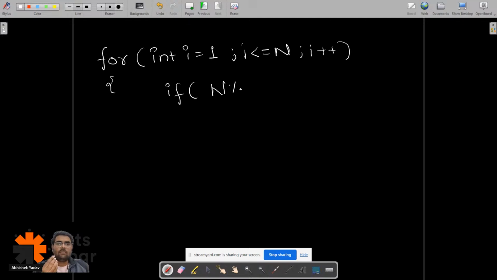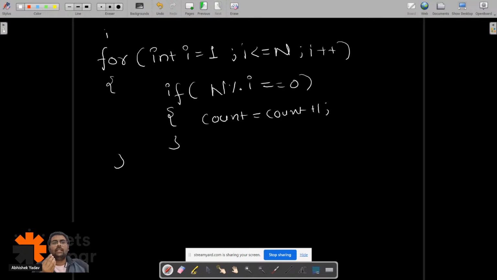So if n modulo i is equal to 0, you increase the value of count, that is count plus 1. And here you take int count is equal to 0. We wrote this program yesterday.